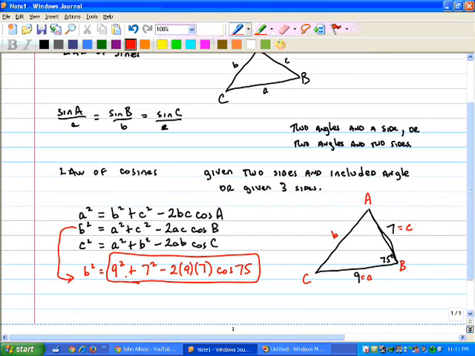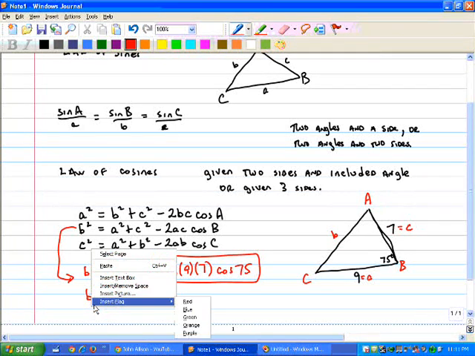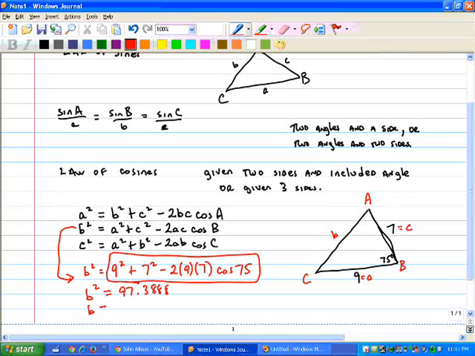So do 9 squared plus 7 squared minus 2 times 9 times 7 times cosine 75. And I get b squared is equal to 97.3888. To solve for b, take the square root of both sides to get b equals 9.869. So b is 9.869 units.